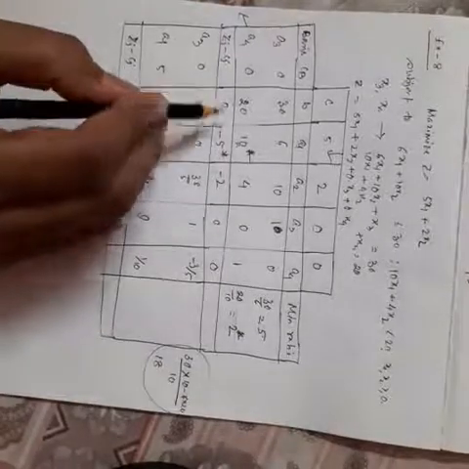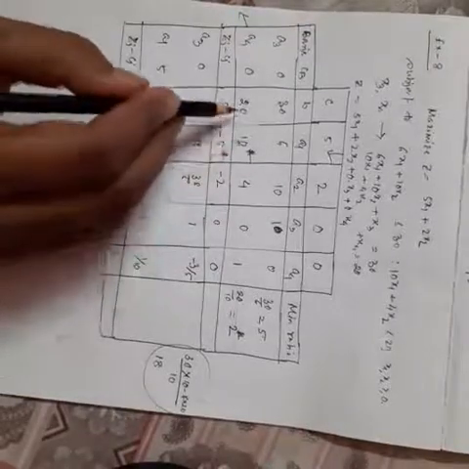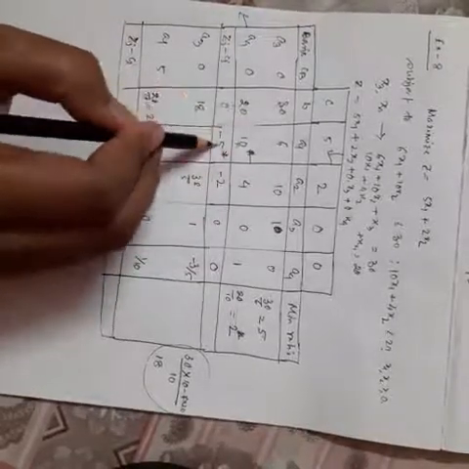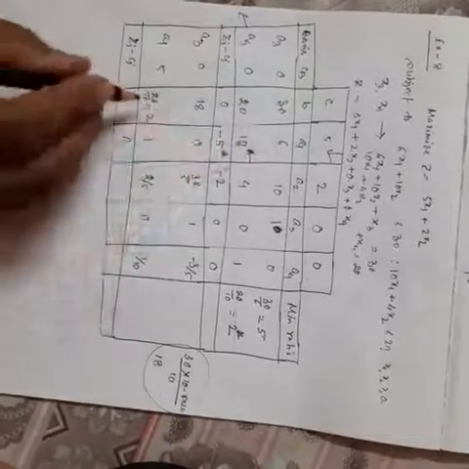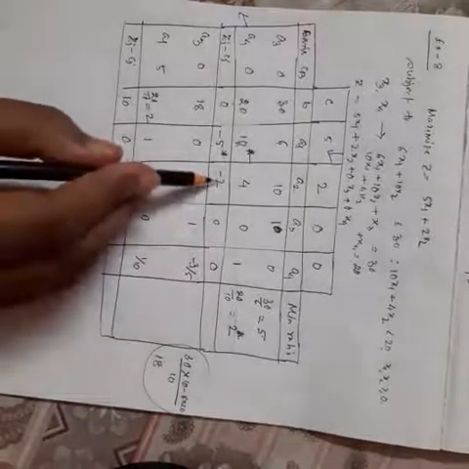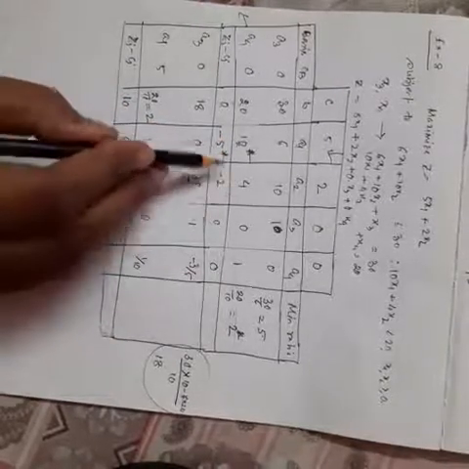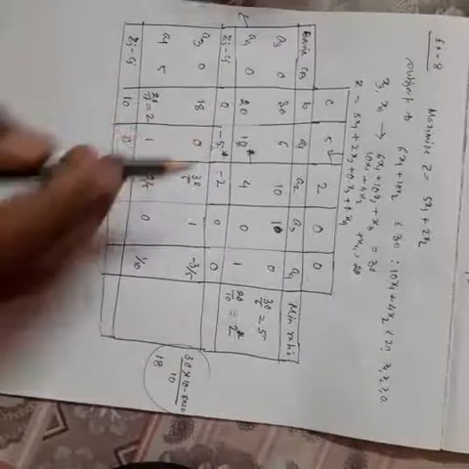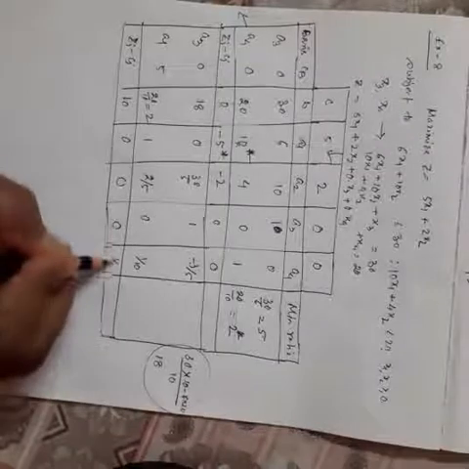10 into 0 minus 20 into minus 5, that means plus 100 divided by 10, so we get 10. Similarly we find this position: 10 into minus 2 minus 4 into minus 5. So here this is 0, and this is 0, and this is half.